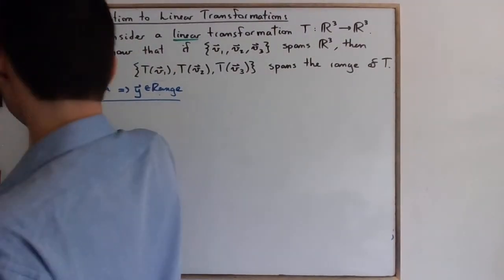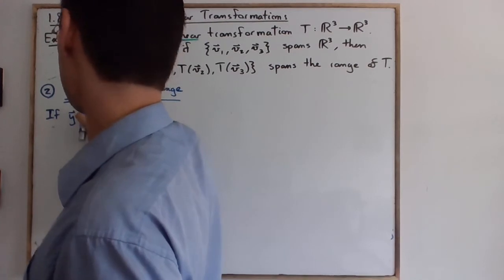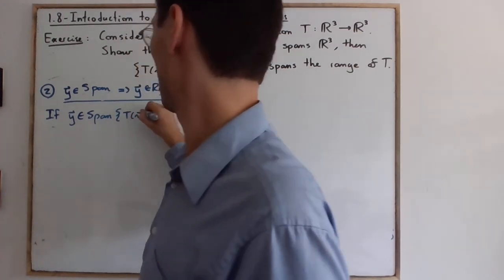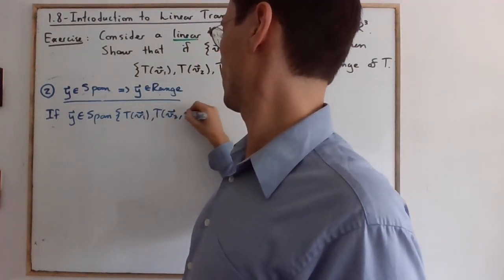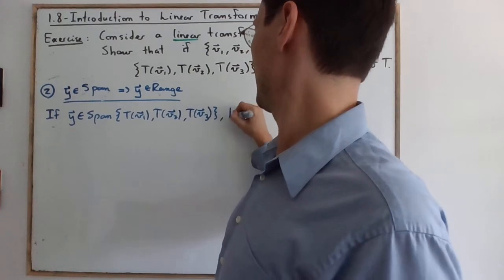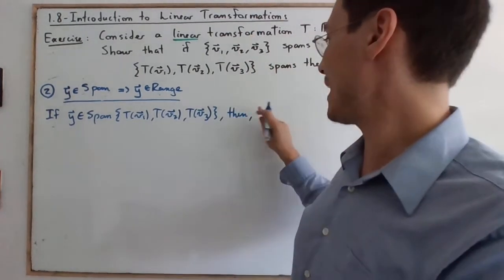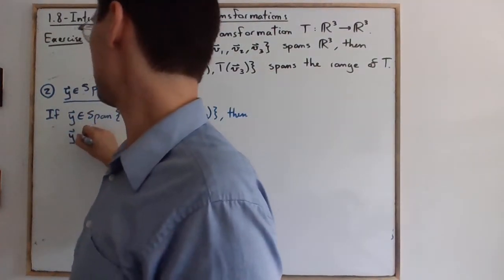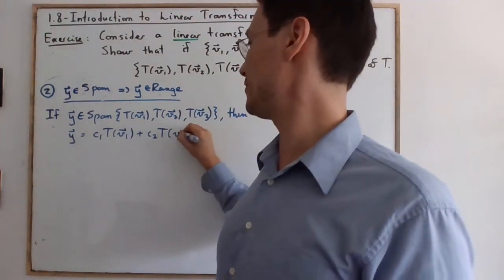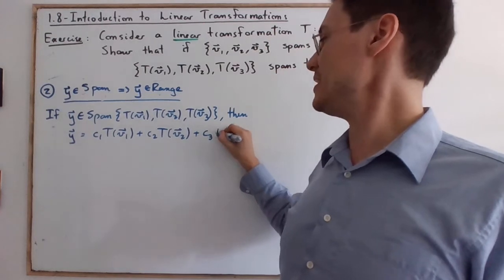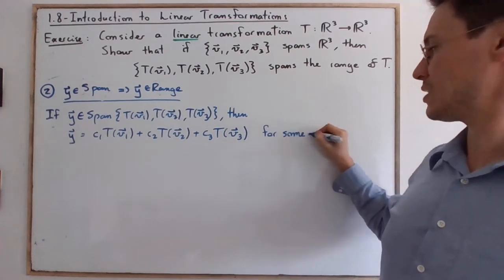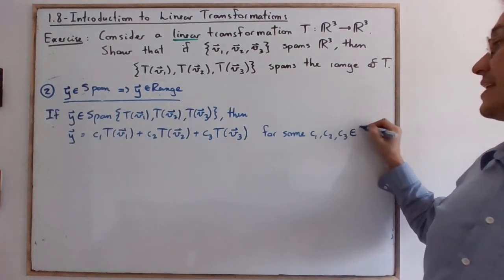So if y is in the span of these vectors, then we know that y is equal to c1 T v1 plus c2 T v2 plus c3 T v3 for some c1, c2, c3 in the real number set.